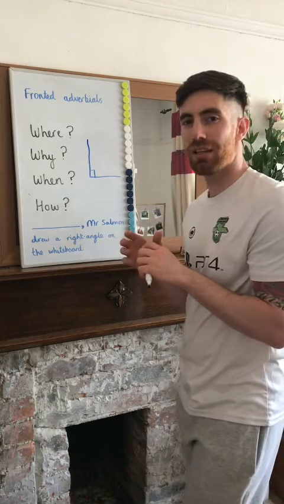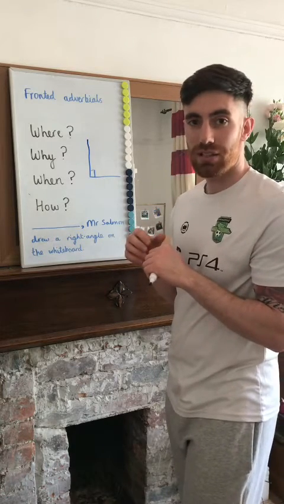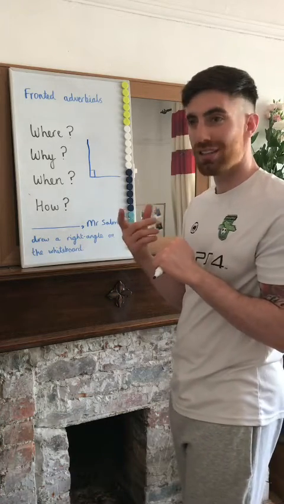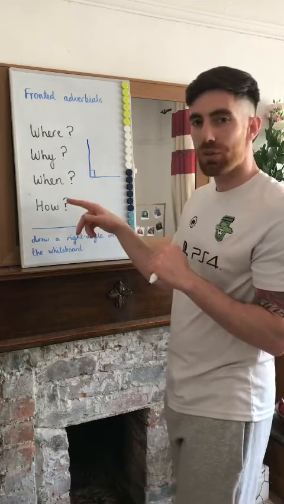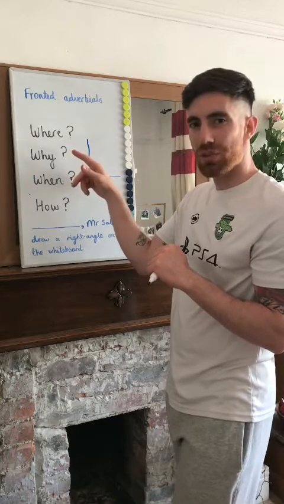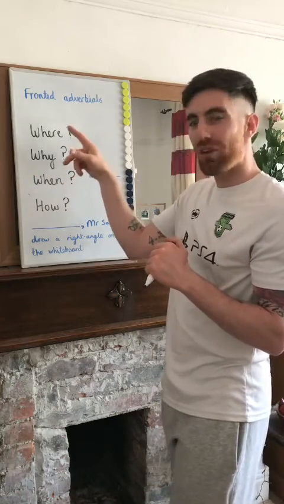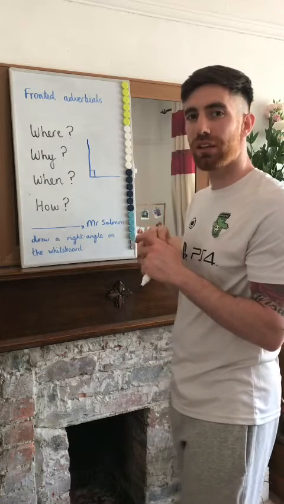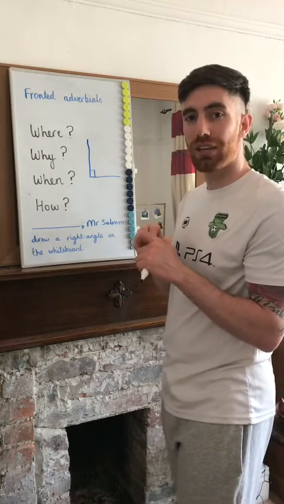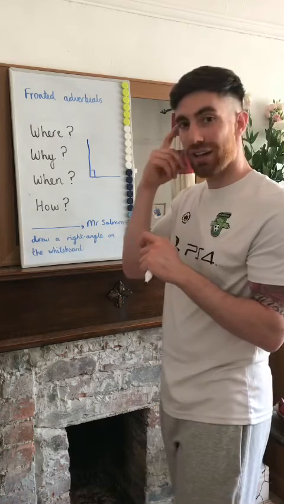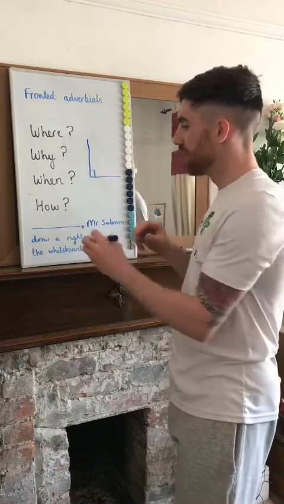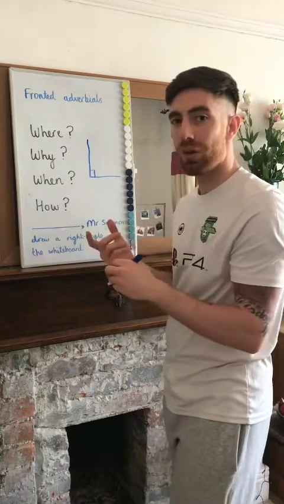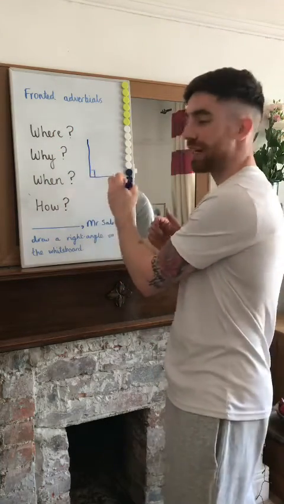It might be a bit emphasised and a bit forced, but I really want you to look at me and sense how I'm doing something, or why I'm doing something, where I'm doing it, or when I might be doing it. Try and be creative in your thinking and your fronted adverbials, and describe where, why, when, how I am drawing the right angle.